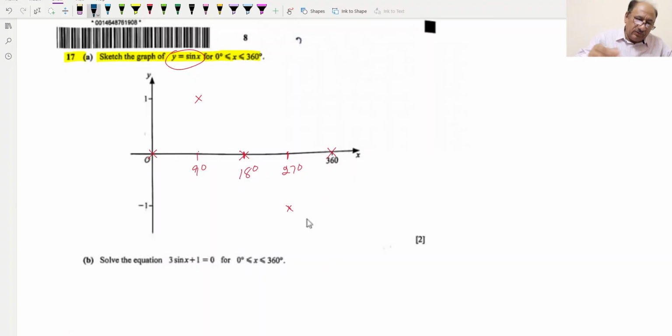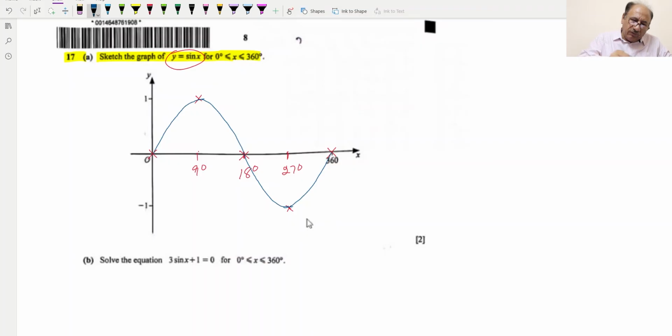Now we can draw the graph as a smooth line, so we take a turn from here, and this will be like this, and again taking a turn from here, and this side also turning like this. So roughly this is basically the sketch.